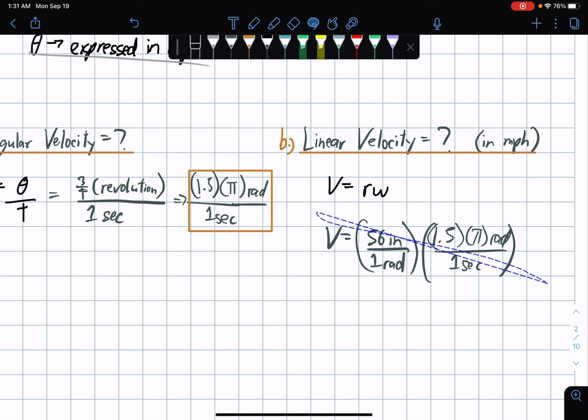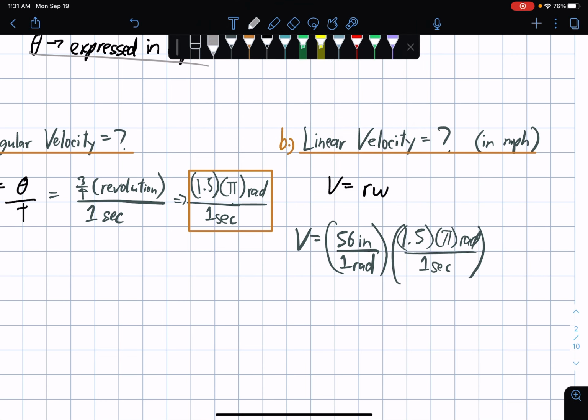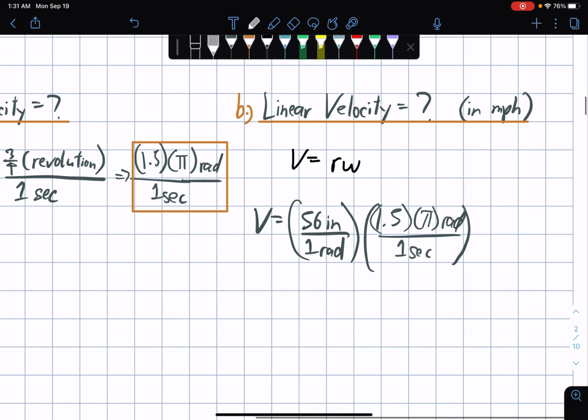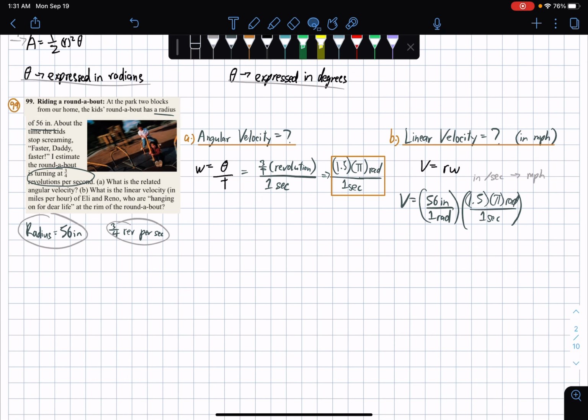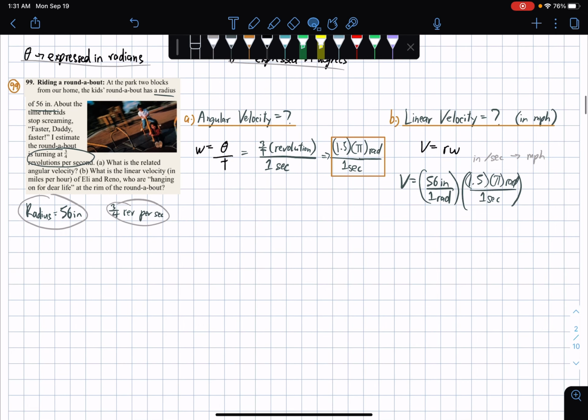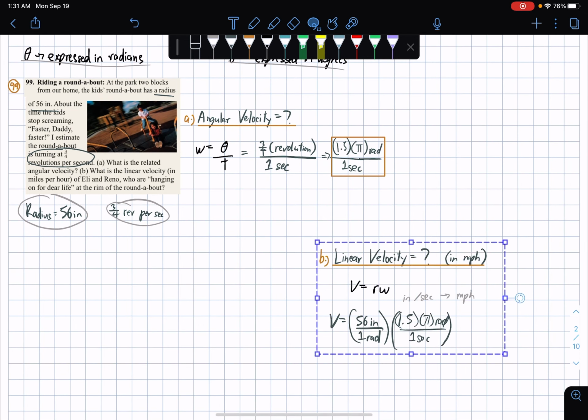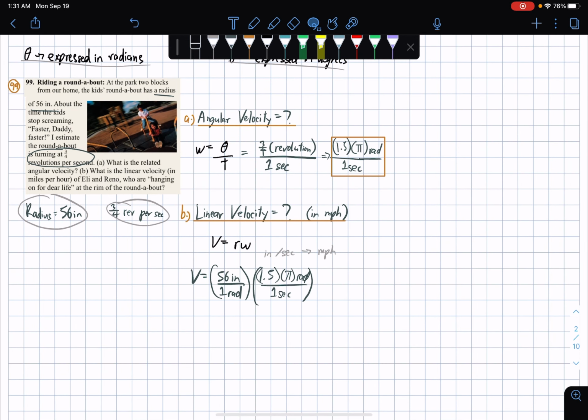Right, let's move it here. Currently, our value is in inches per second. Our desired unit is miles per hour. I need to bring this down over here.